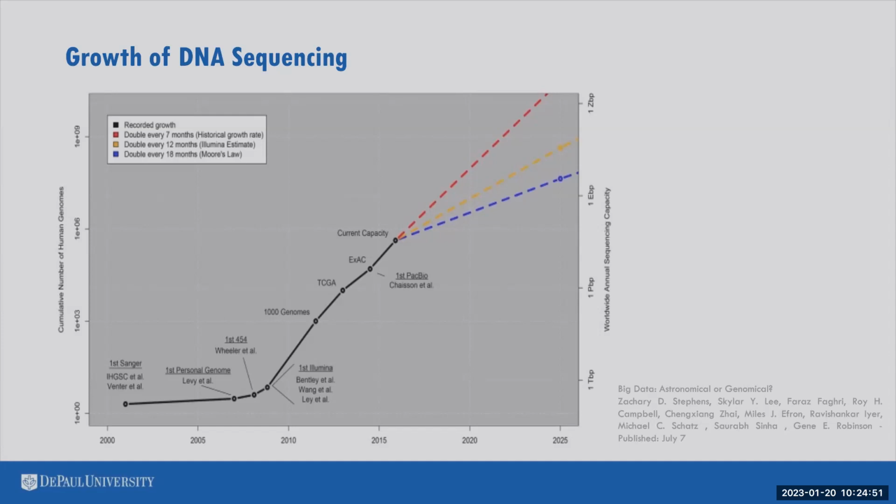Based on some of the different characteristics, doubling every 7 months, which is based on the historical growth, or every 12 months, which is based on Illumina, the company that has the machines used to generate sequence data, and then based on Moore's law, it will be here.